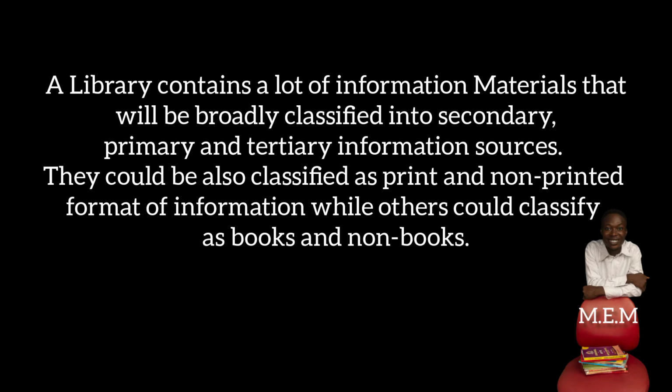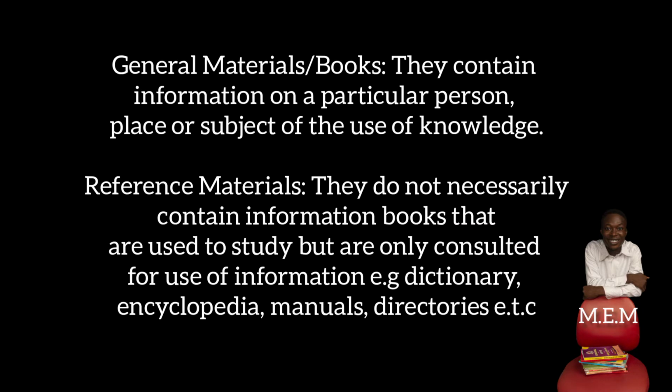In the book materials, we have the general materials and the reference materials. The general materials are those that contain information on a person, place, or a particular subject, or they are books in general.